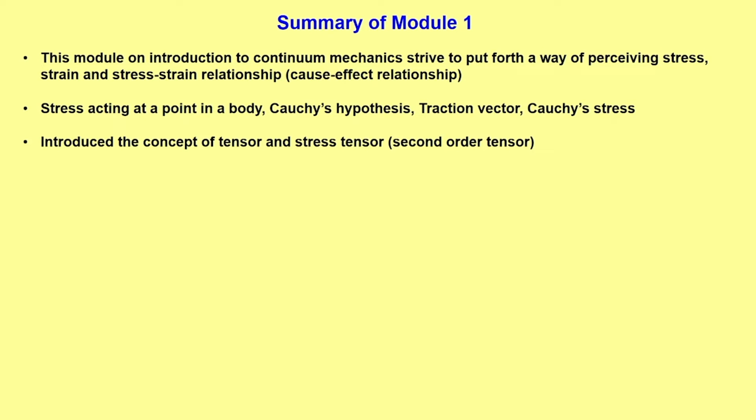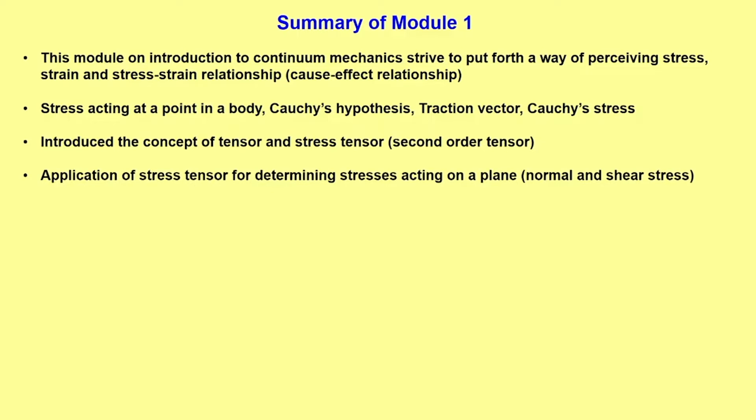A tensor is a quantity with magnitude and direction, we have discussed that, and we understood that the stress tensor is a second order tensor. Then the application of the stress tensor for determining stresses acting on a plane: the normal and shear components of traction, which we understood as normal stress and shear stress, the stresses acting on a plane. We discussed that based on the knowledge of the stress tensor.